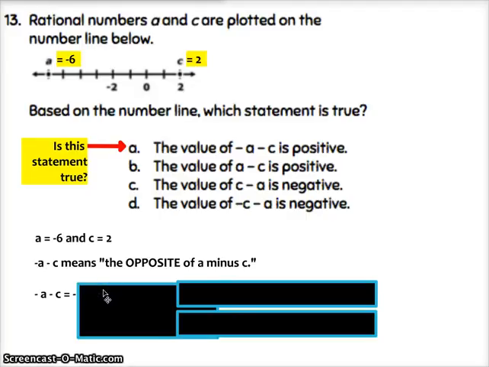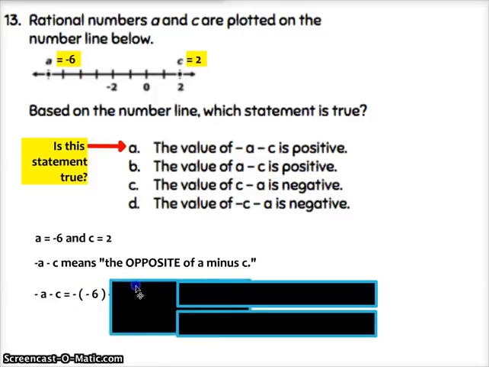So in order to write this correctly, here's the opposite of A, which is -6, minus C, which is 2. Make sure you have both negatives, because remember, taking away A, or the opposite of A, means the opposite of -6. But wait a minute, the opposite of a negative is a positive.